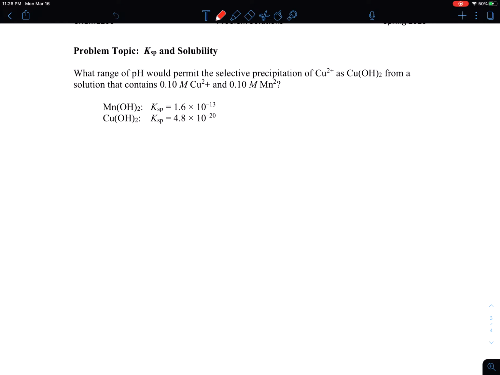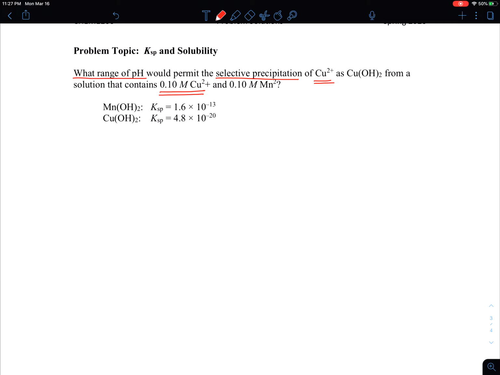Okay, so this is another problem on Ksp, the solubility product. This time they are asking what range of pH will give a selective precipitation. This is a case with copper 2+ at a concentration of 0.1 molar.